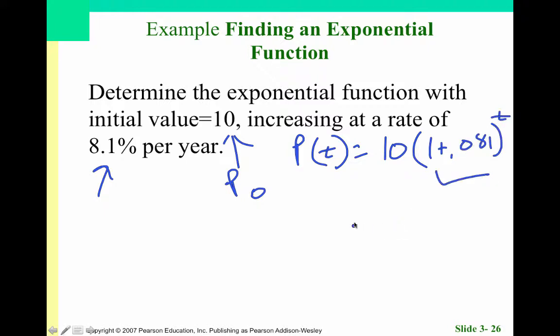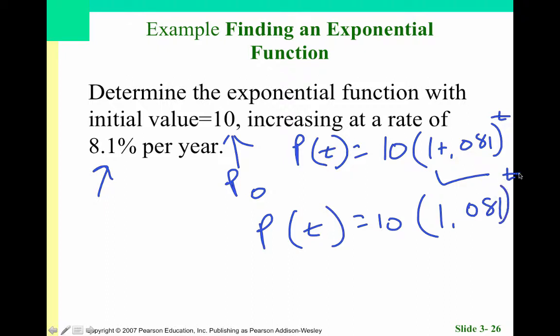That's awkward, so add it up. P of t equals 10 times 1.081 to the t. There's a function. Nothing wrong with y equals initial value times, we knew it was growth, so do the same thing. Nothing different with y equals a times b to the x compared to the population function.